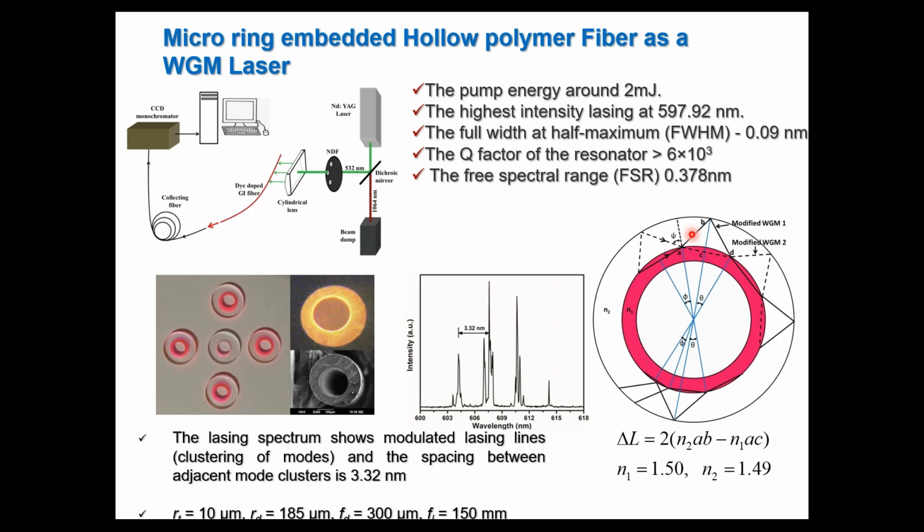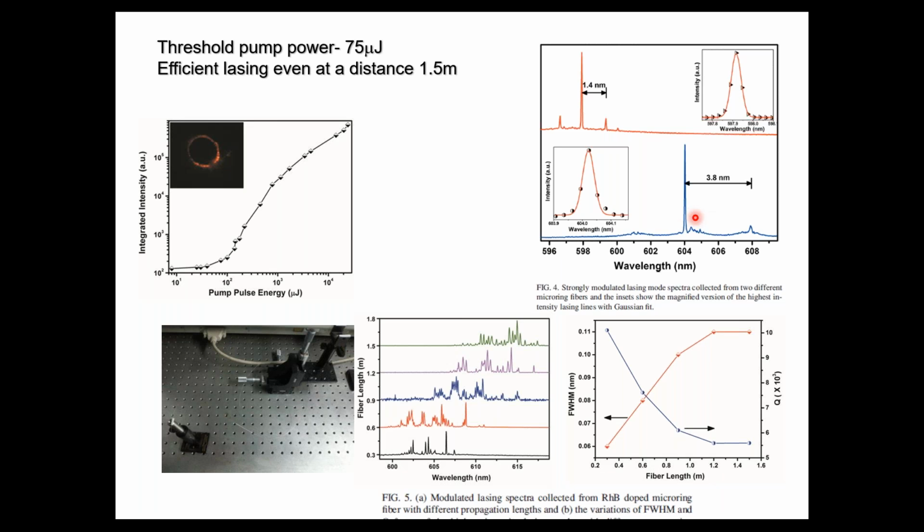Depending on the difference in values of these optical lengths, like N2 times AB times 2 minus N1 times AC, where N1 is the refractive index of this region and N2 that of the outer region, only very selected frequencies are allowed to constructively interfere, and all other wavelengths were suppressed completely, and it resulted in a single mode operation.